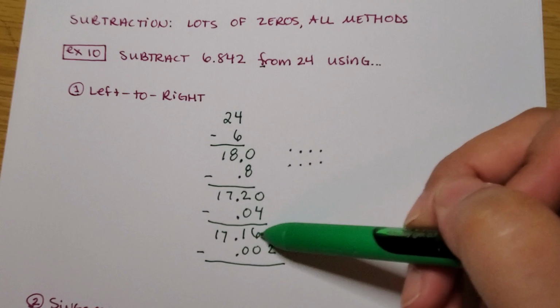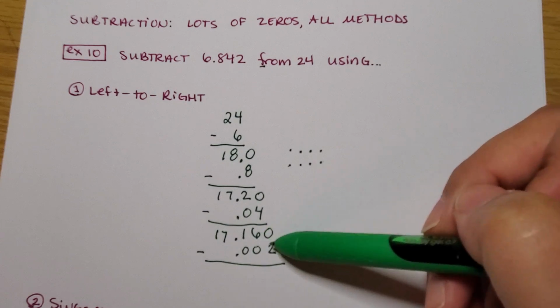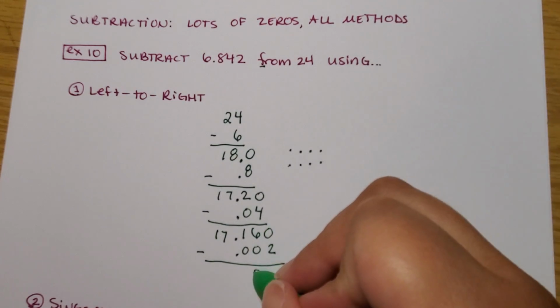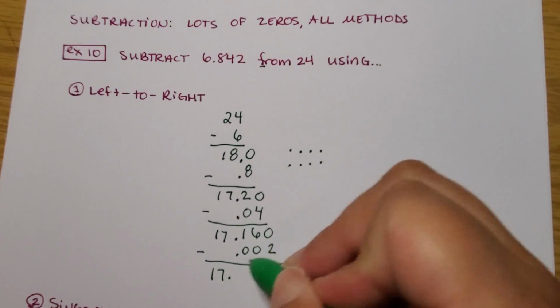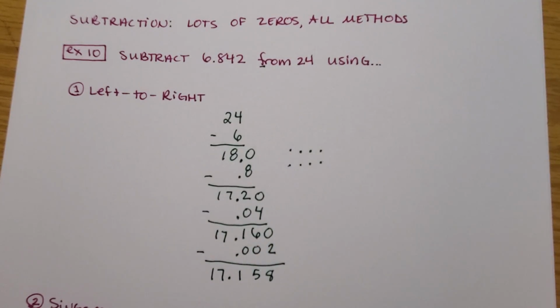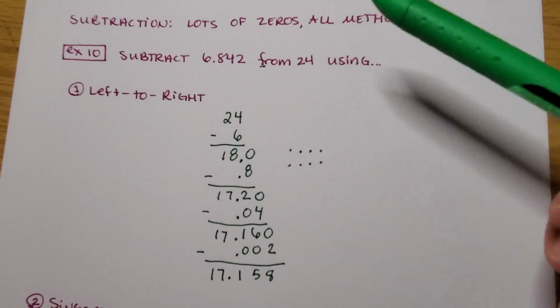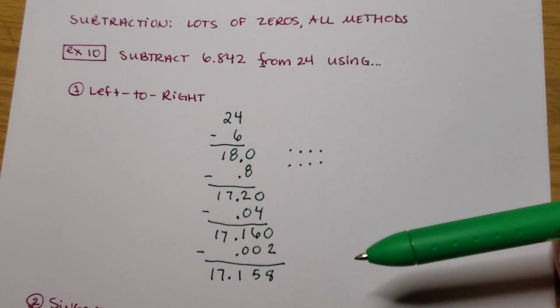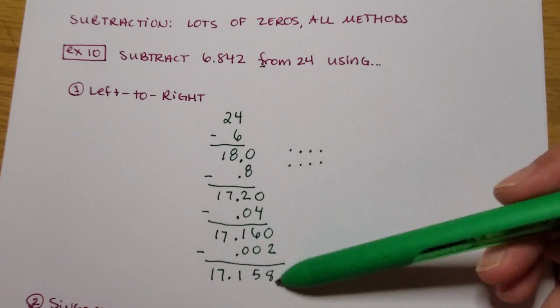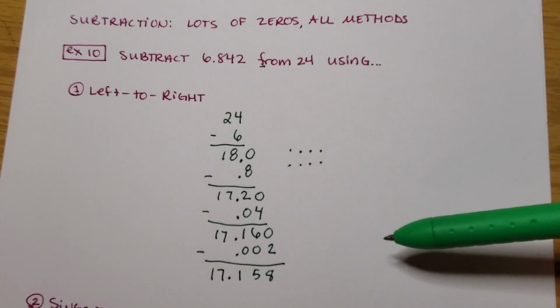I'm going to count down from 60. So 60, 59, 58. And everything else can just come down. So it looks like 24 minus 6 and 842 thousandths is going to give us 17 and 158 thousandths.